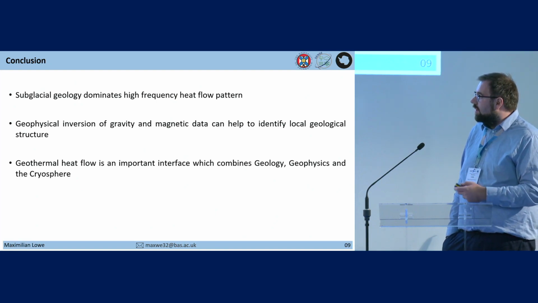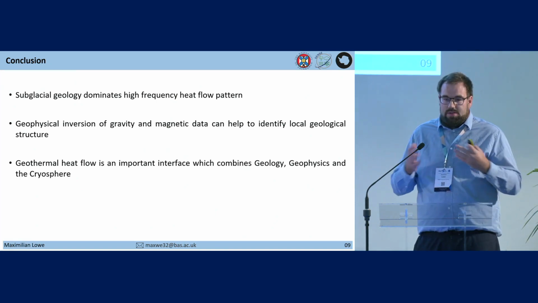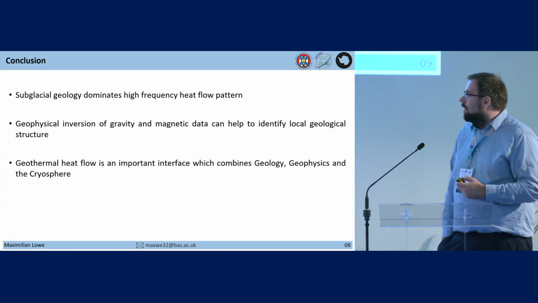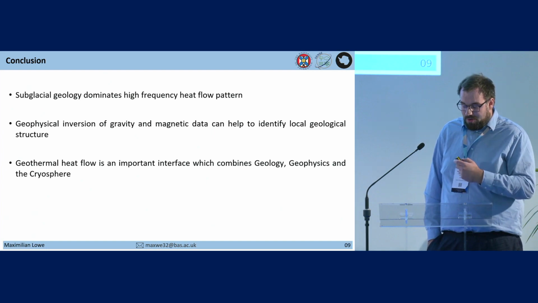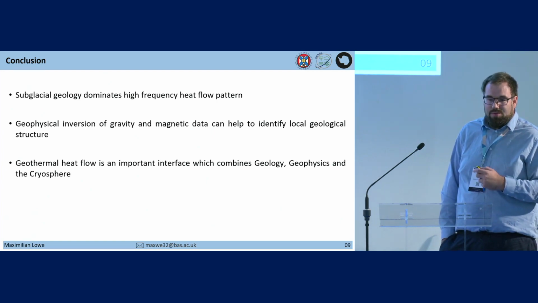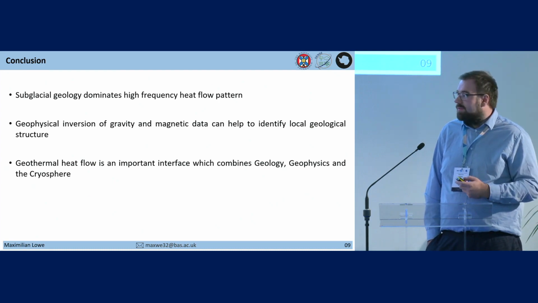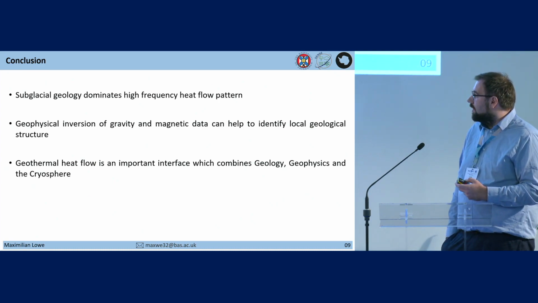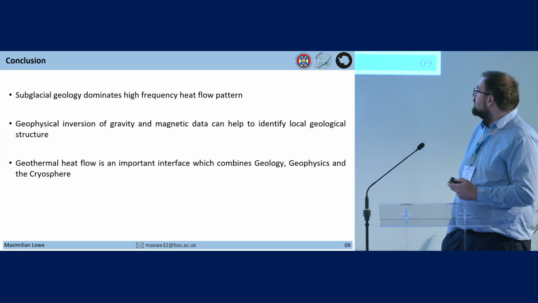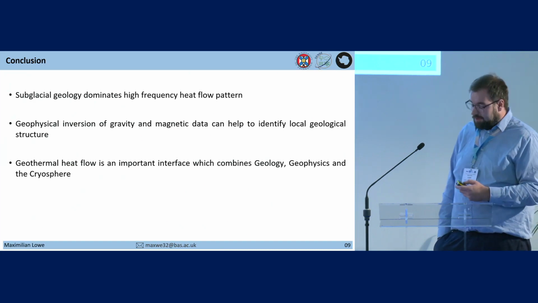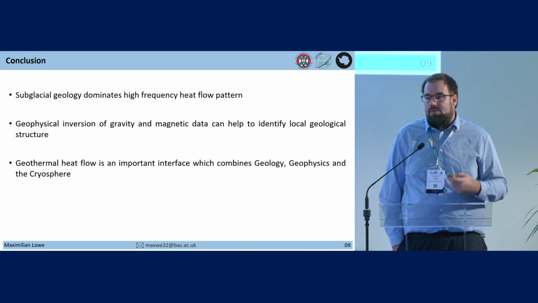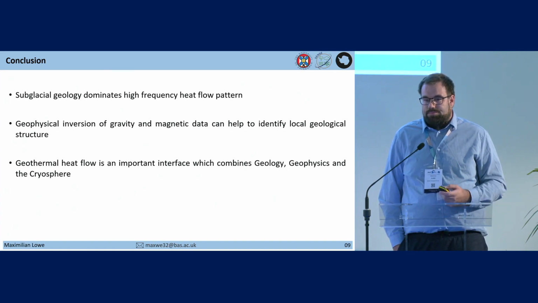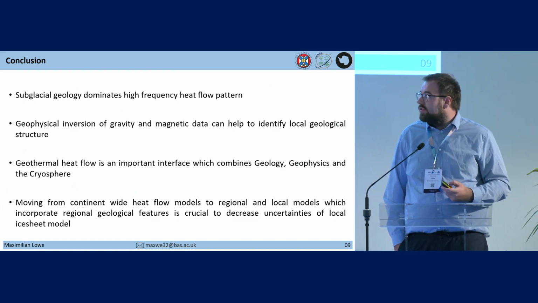And really, geothermal heat flow is a very interesting interface between a lot of disciplines. So neither geology nor geophysics will solve that problem on their own. We really need interdisciplinary collaboration, and also to really talk to the cryosphere and ice sheet modeling communities and see how different geothermal heat flow models influence the ice sheet.